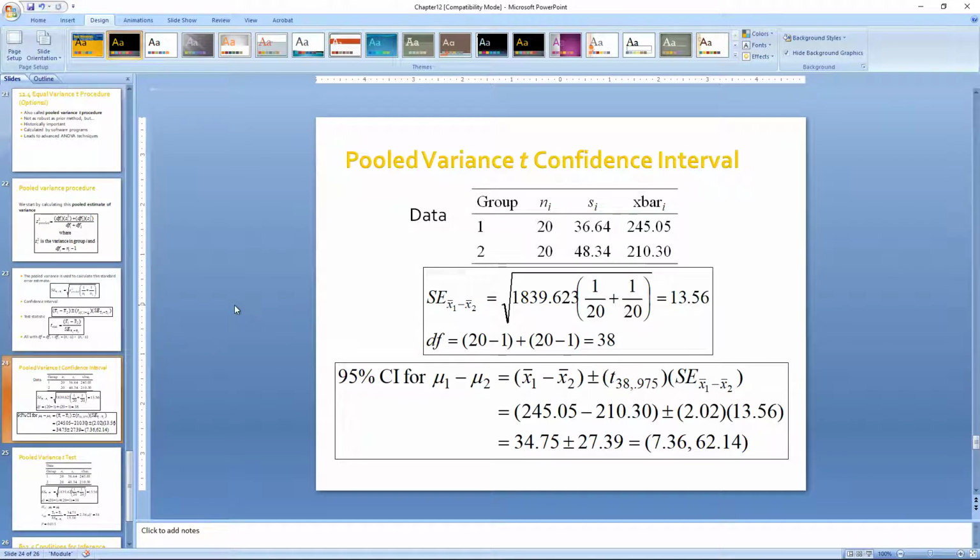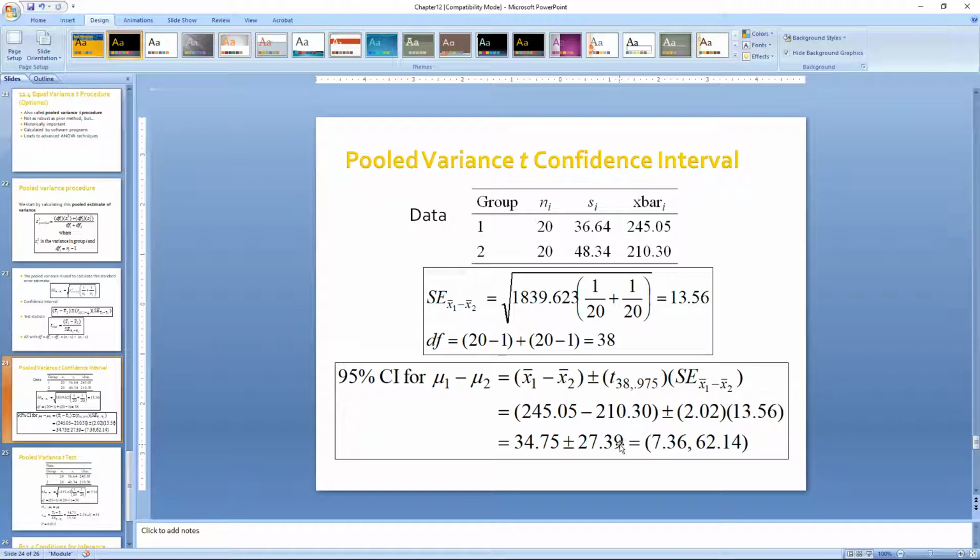So when we have our pooled variance t confidence intervals for the same thing we are calculating, there's the data for group 1 and group 2. We have our standard deviation, x bar. When we plug in all the information from the formulas just provided, we get our standard error of 13.56, and pooled degrees of freedom is 38 for a 95% confidence interval.